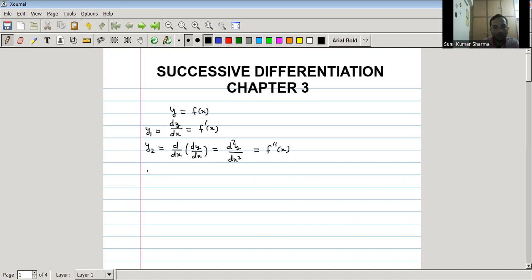Now if we again differentiate y2 with respect to x, then we get y3. This is the third derivative of y with respect to x.